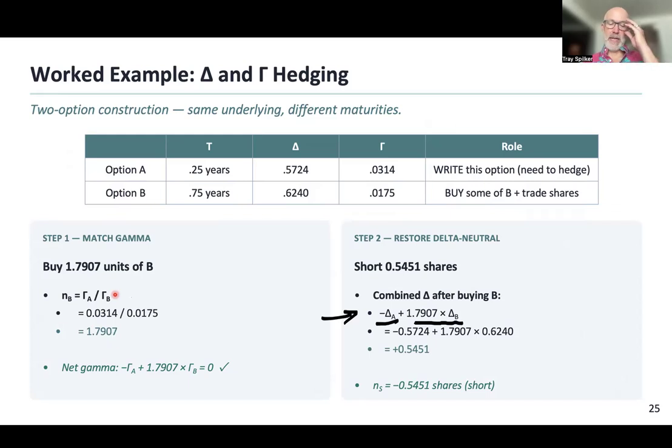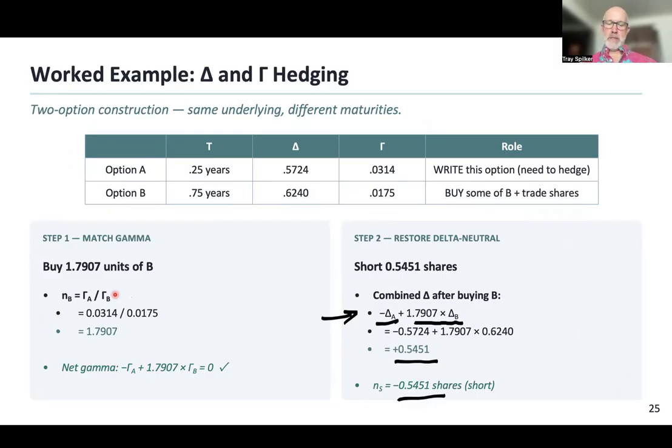And when we calculate the net delta of our combined position, we'll see that we have a positive delta of 0.5451. So in order to now move towards a delta neutral position from this combined option position, we'll need to short, right, that number of shares, 0.5451.